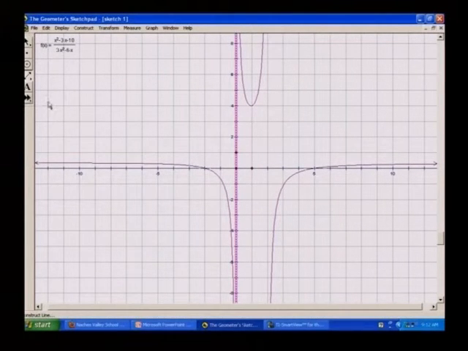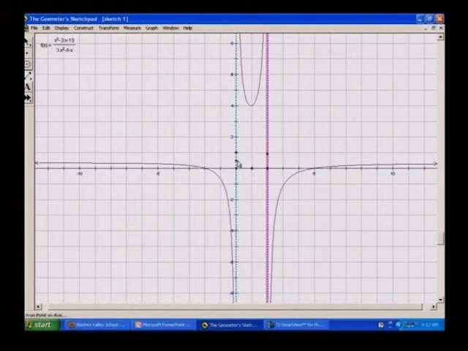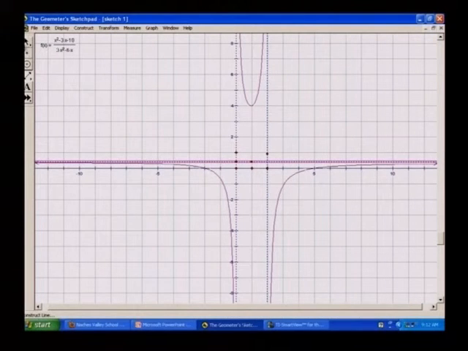We also had an asymptote at x equals 2. We had a horizontal asymptote at y equals 1/3. So this one I will have to approximate. That's about half, so let's go there. There.